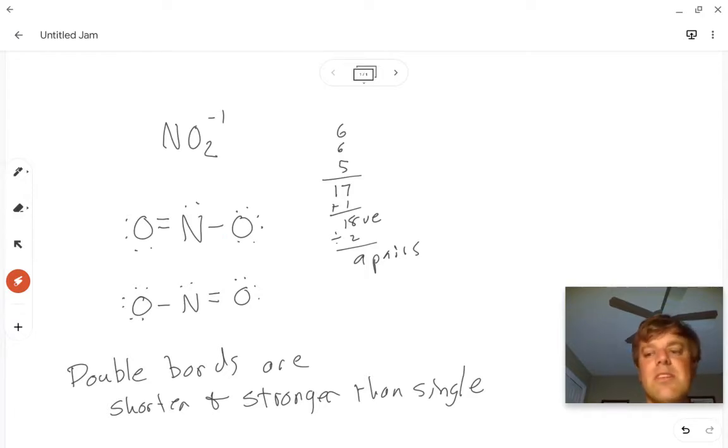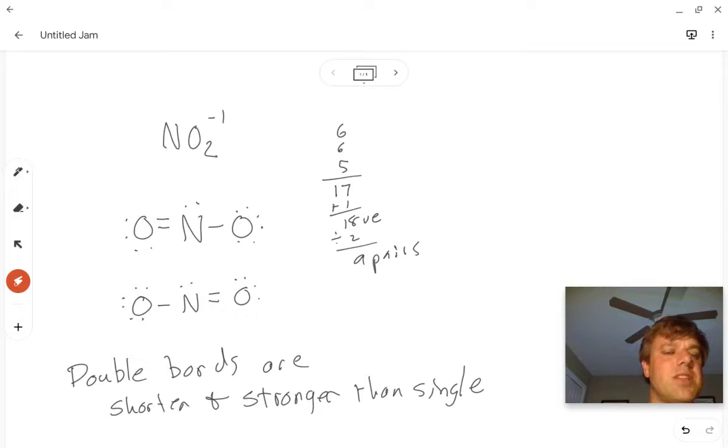We've actually reached the limitations of the Lewis model. But what that implies is that what we have is a mixture of the two. Instead of having a double bond in each place, it's more like we have a 1.5 bond in each place.